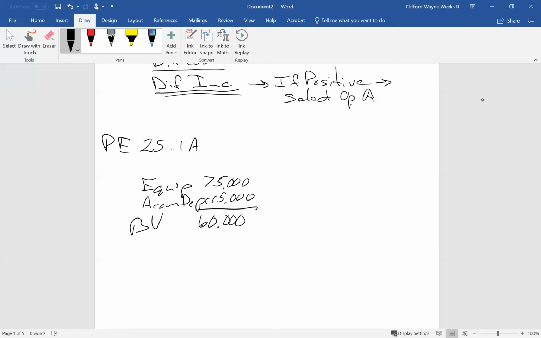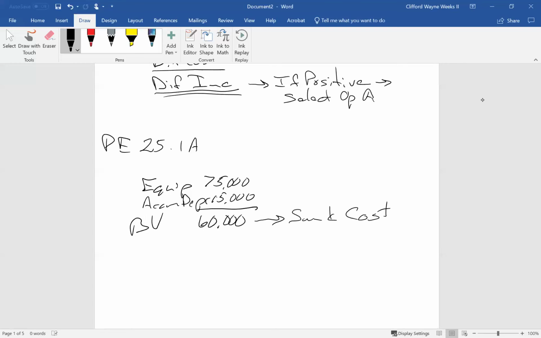There are several things that you need to understand. There's a terminology here called sunk costs. Sunk costs are derived from decisions that have already been made. You can't go back and unbuy this piece of equipment for $75,000. We've already spent that money. It's already sunk. So in this scenario, this $60,000 is a sunk cost.